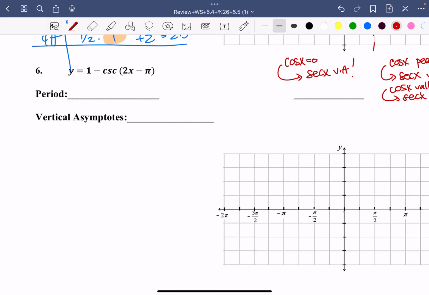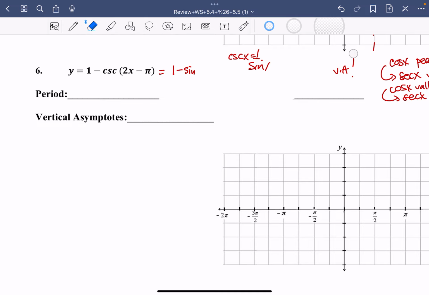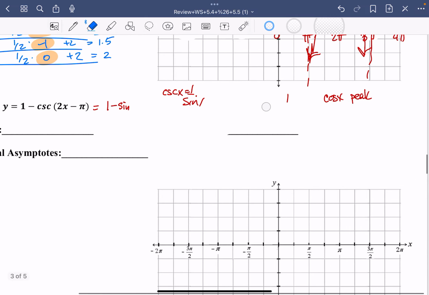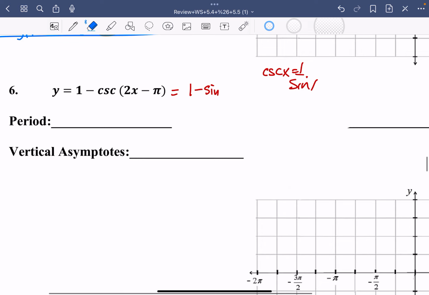And the last one that we're going to do on this video is 1 minus cosecant. First thing I'm going to do is, instead of cosecant, I'm going to do sine, because cosecant of x is 1 over sine. So I'm going to leverage that fact to come in here and graph this sucker. So this is going to be step size here in a minute.